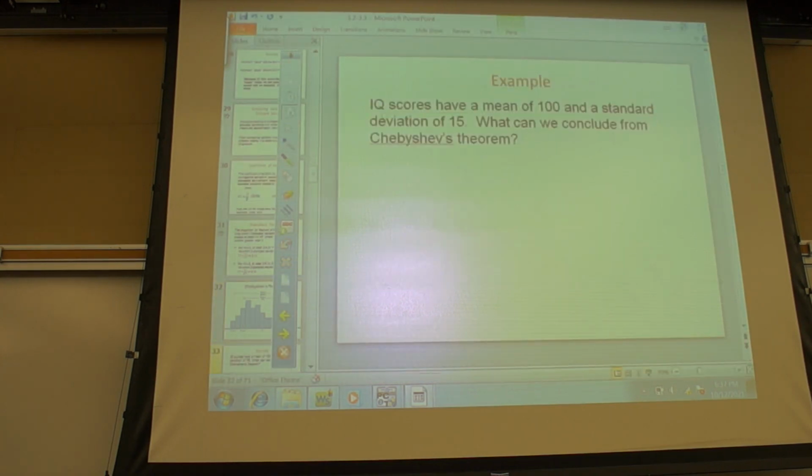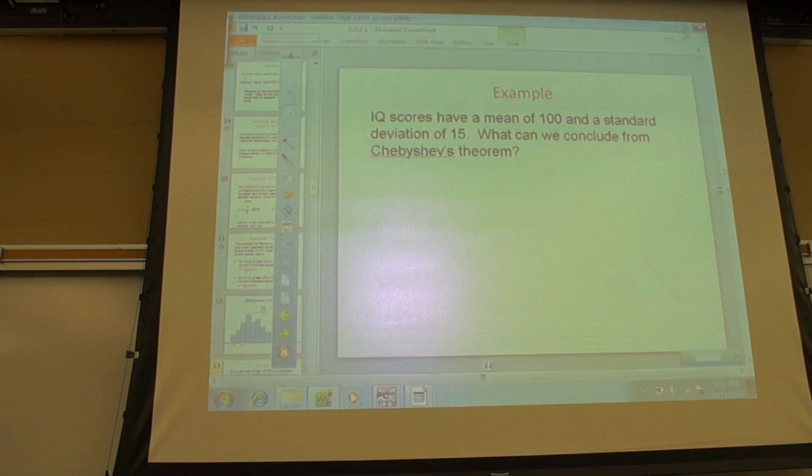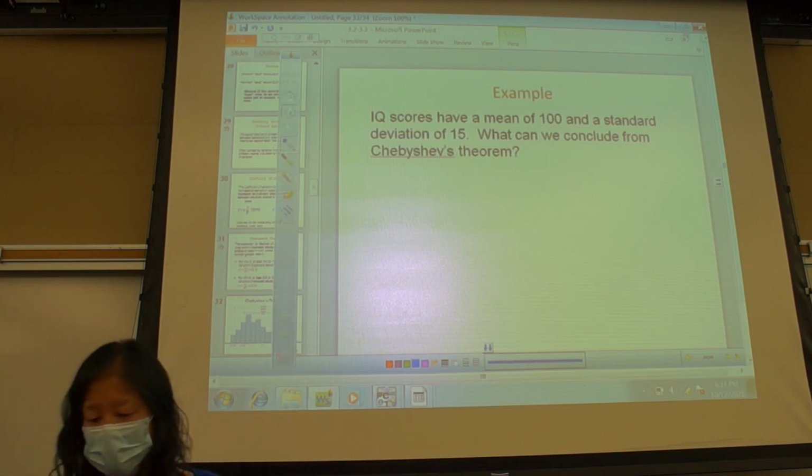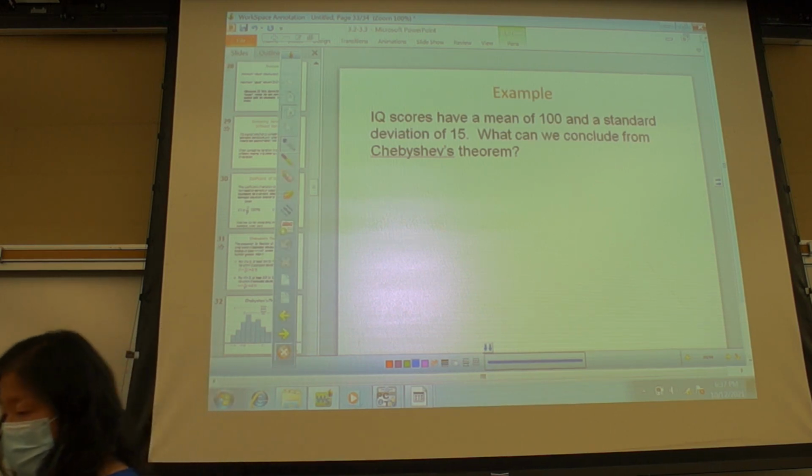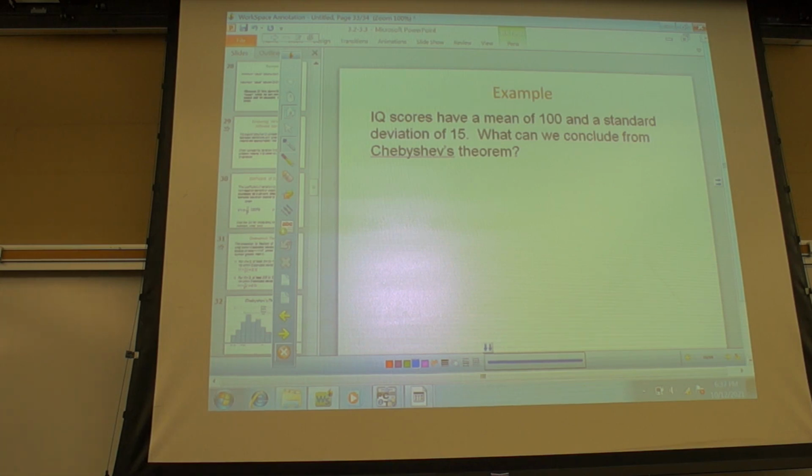So what you guys need to do is, your example, IQ scores have a mean of 100 and a standard deviation of 15. What can we conclude from Chebyshev's? Okay, I gave you a little bit of hints already. At least blank of these, so you can use a percentage, a decimal, or a fraction, will lie between blank and blank.